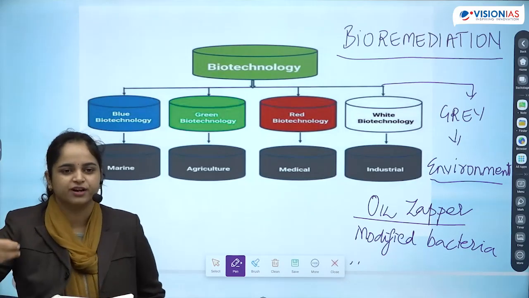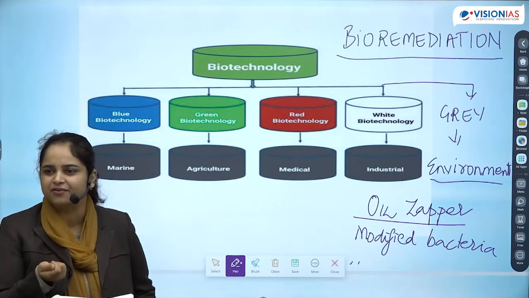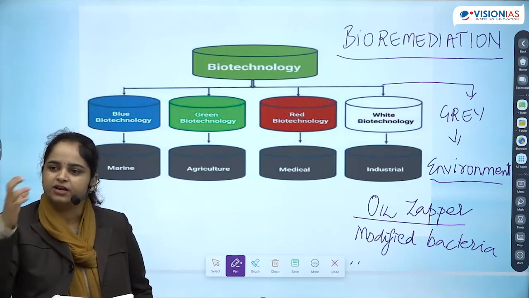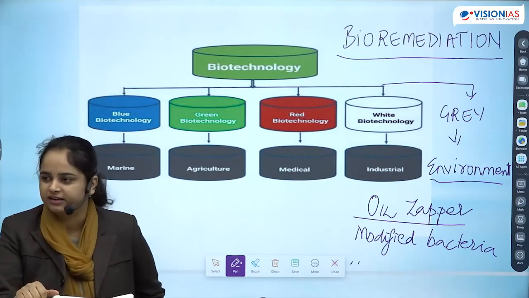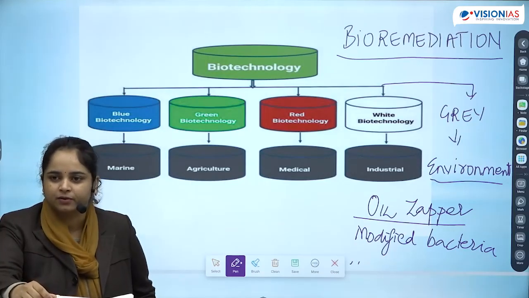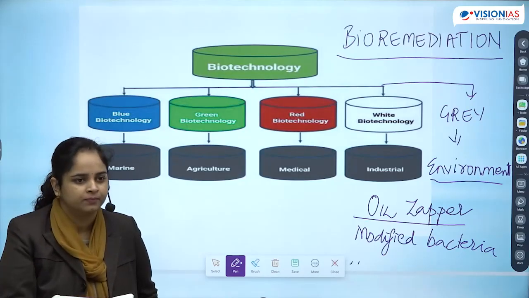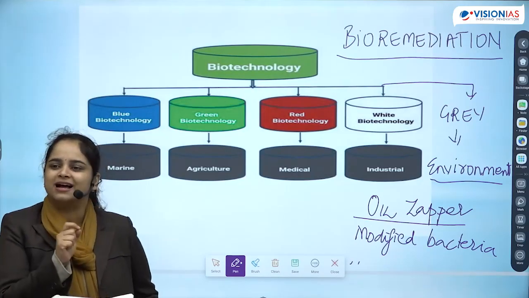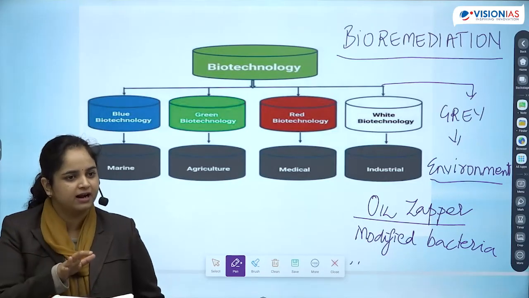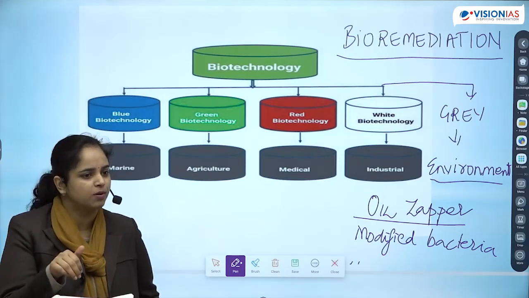You are using oil, you are using ghee, whatever is used, that's a little difficult to break and remove from the vessels. So what you can do is use something like recombinant DNA technology and create enzymes which break down fats. Okay, those enzymes can be put into this soap. If the soap has fat digesting enzymes, the moment that soap comes in contact with the fat, the fat is going to be broken down.